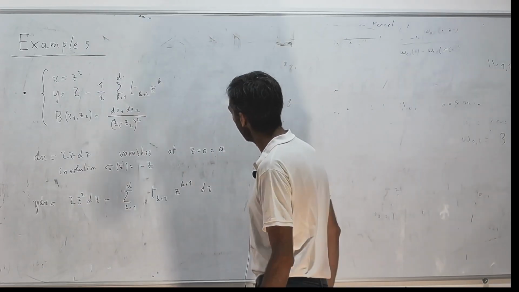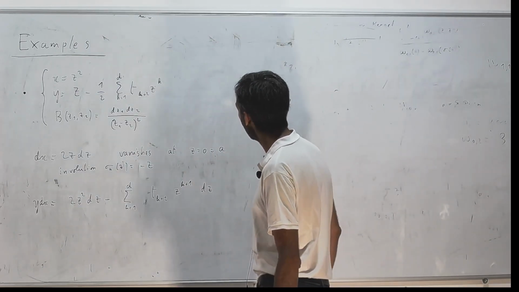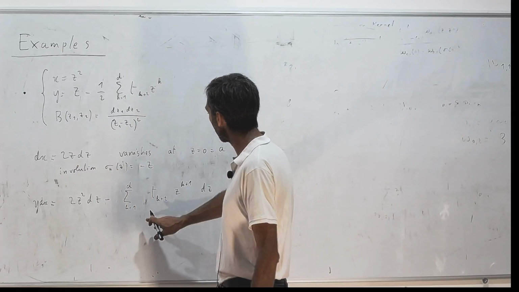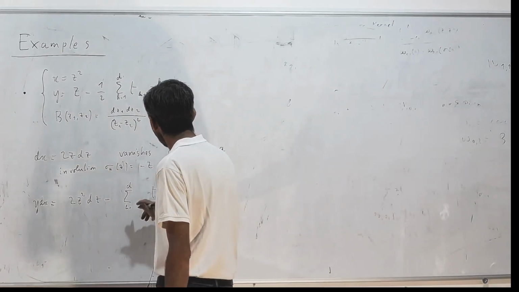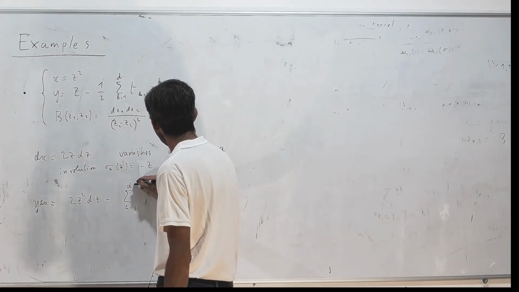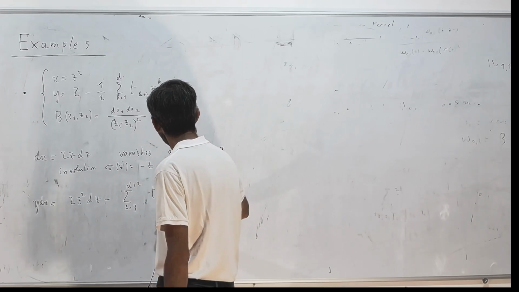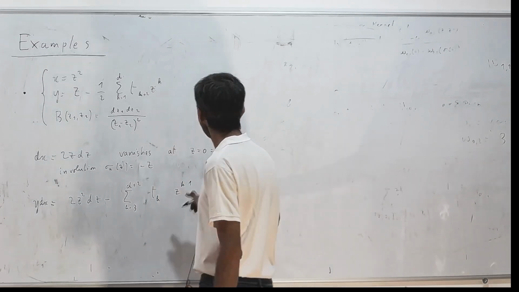In fact, let me relabel the k, and let me start from 3 to d plus 2, k t_(k minus 2) z to the k minus 1 dz.